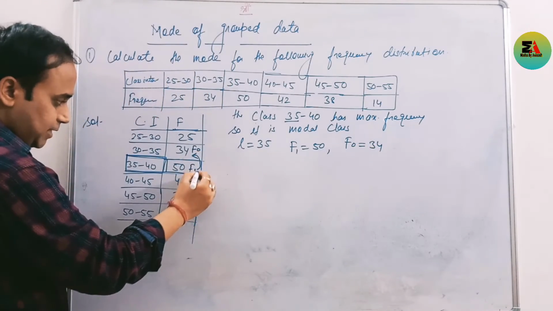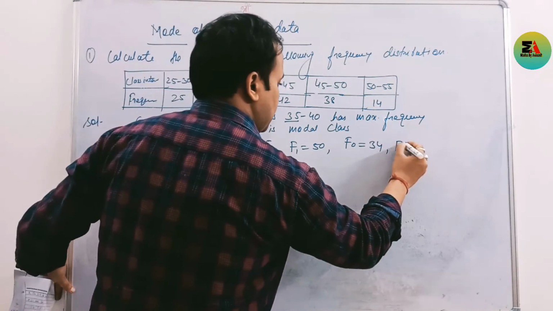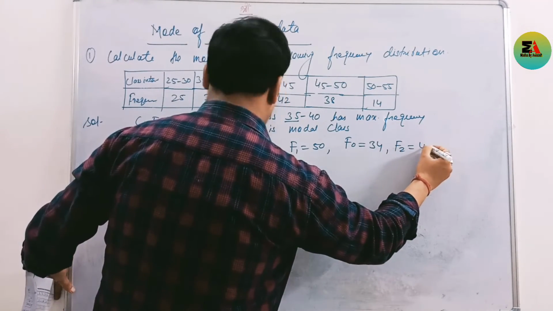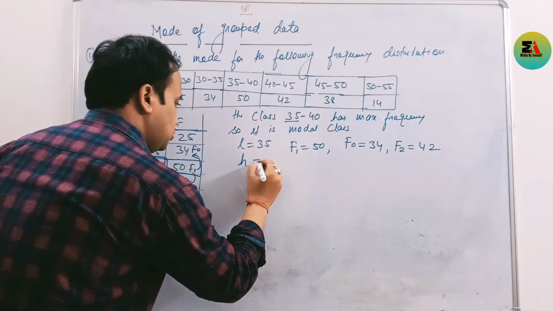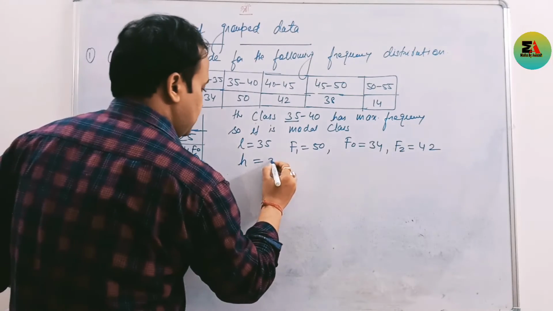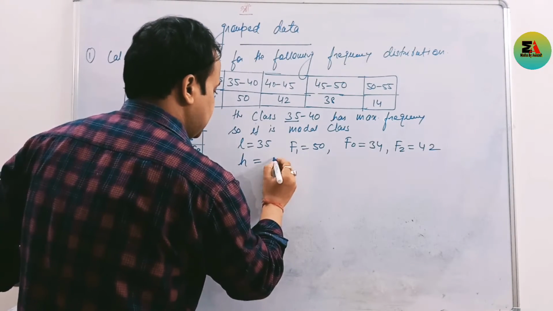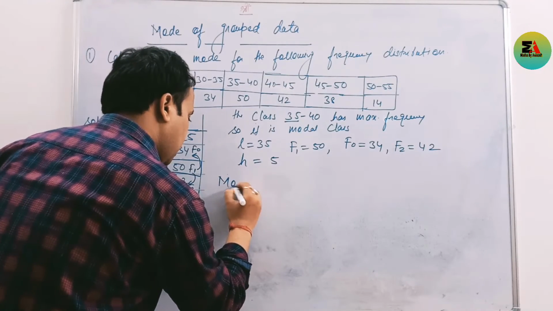The one just below F1 is the succeeding one, F2, which is 42. And H, the size of the class, is the difference 30 minus 25, so the class size is 5.